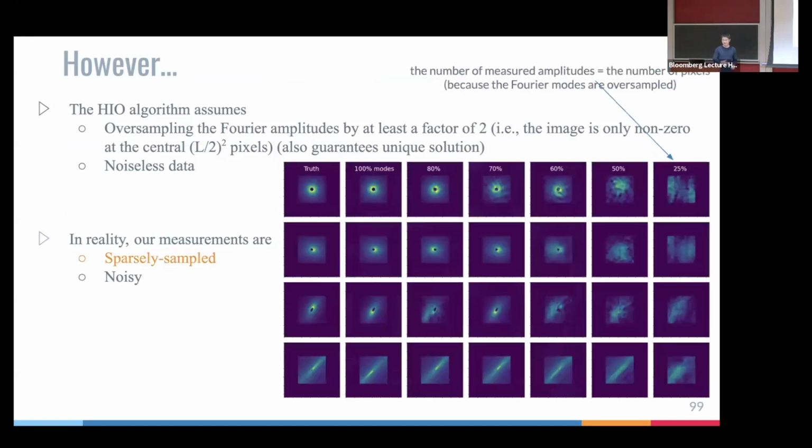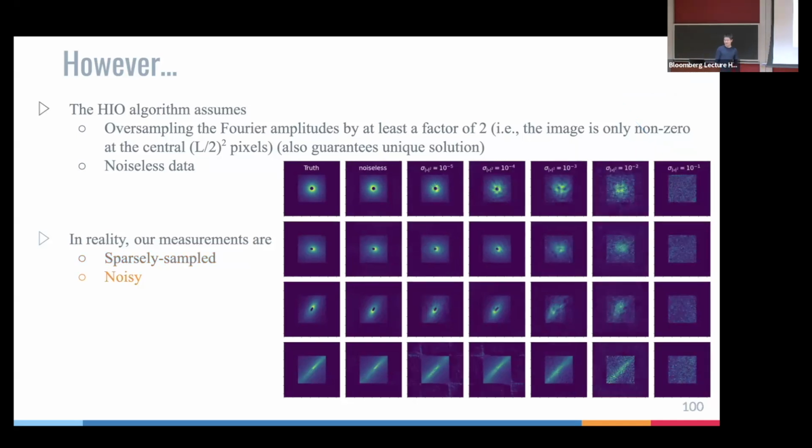But in reality, our measurements are sparsely sampled. If you reduce the number of Fourier modes you measure with this kind of traditional algorithm, you start to get nonsense. And when you have noisy measurements, the algorithm also performs pretty badly.